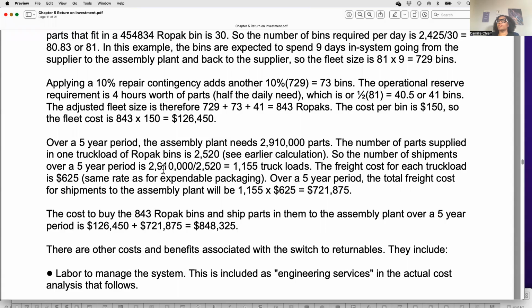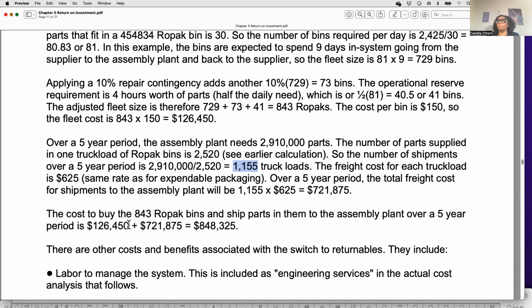And then over 5 years, you're going to take the 2.9 million parts divided by the number of bins that fit on a truck to come out with 1,155 truckloads. The freight cost for each one, again, is the 625. So what you're going to do is take the number of truckloads times the cost of each truckload and come up with 721,875. Okay. So now you're going to take the cost of your freight plus the cost of your roll pack purchase.